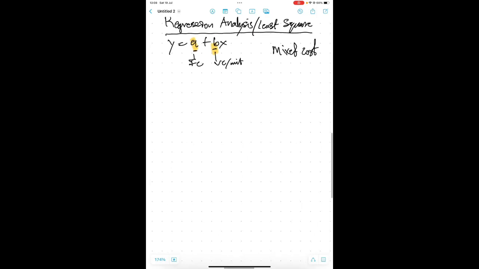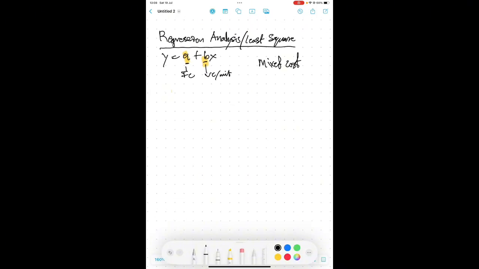The formula for A, which is our fixed cost, says A is equal to Y bar minus B X bar. You can see here that we just made A the subject of the formula using the cost function.